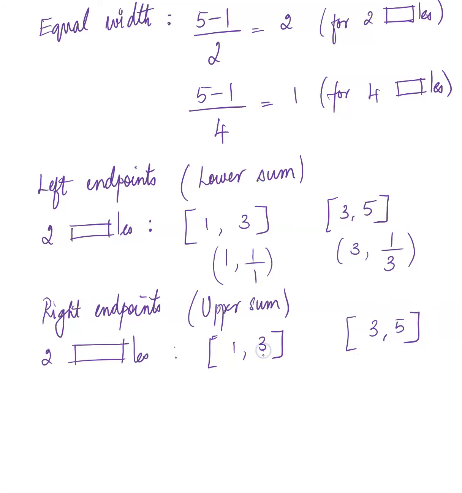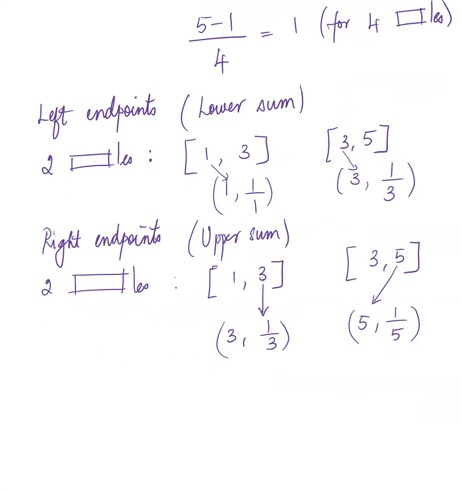Right end point is 3, that's going to be 3 comma 1 over 3, and the right end point there will be 5, 5 comma 1 over 5. So here again I want to point out that it was the left hand point, and here it was the right hand point, to help you build your coordinates. And when you build the coordinates, you're focusing on the y coordinate to get the height of your rectangle.